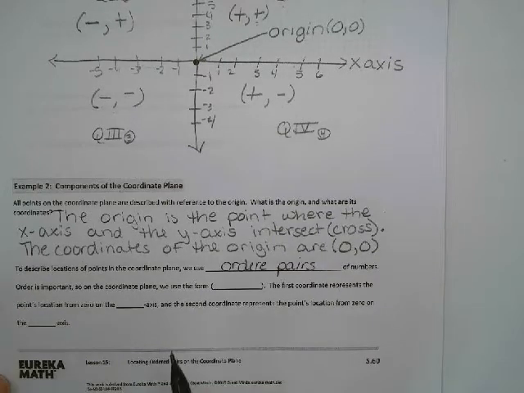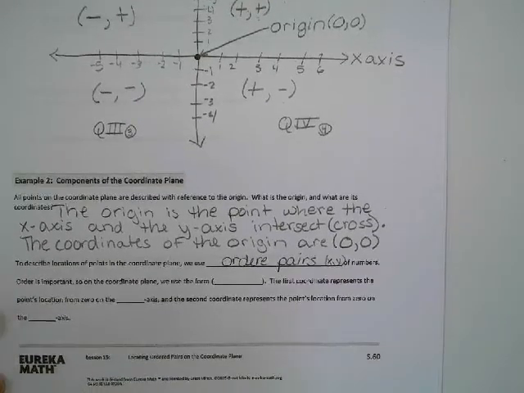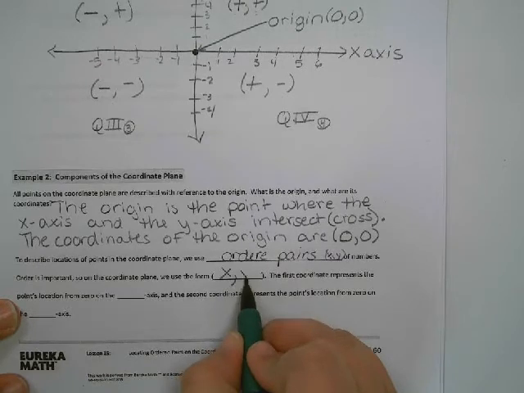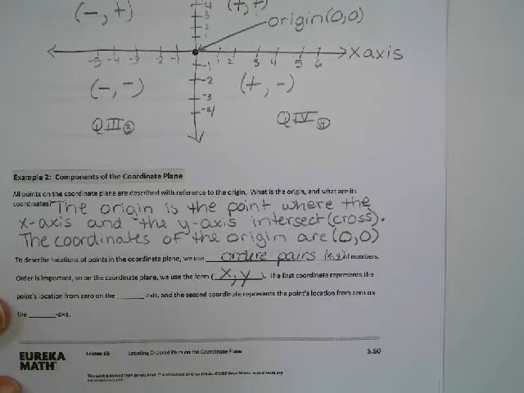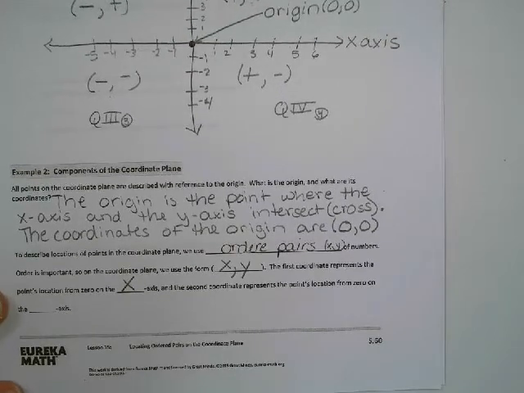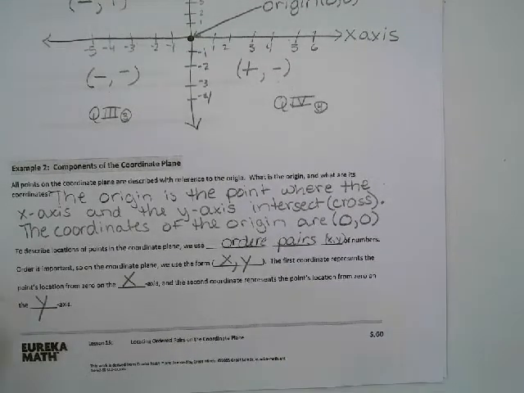So those are our XY numbers. Order is important. So on the coordinate plane, we use the form X, Y. The first coordinate represents the point's location from 0 on the X-axis. And the second coordinate represents the point's location from 0 on the Y-axis.